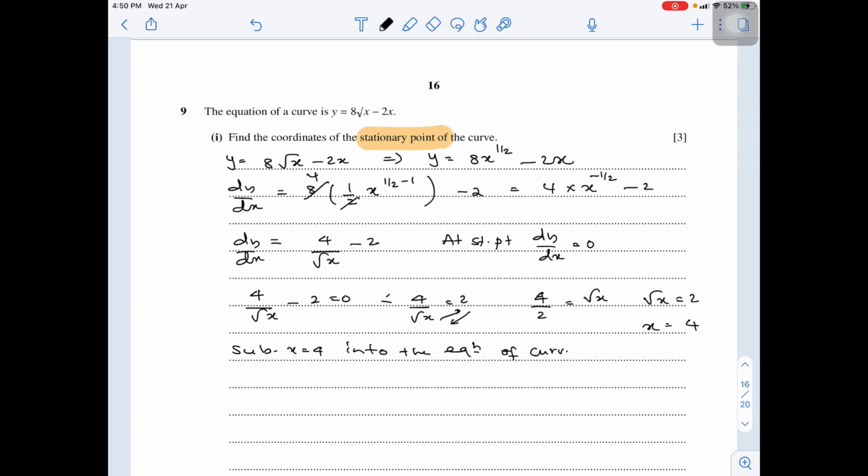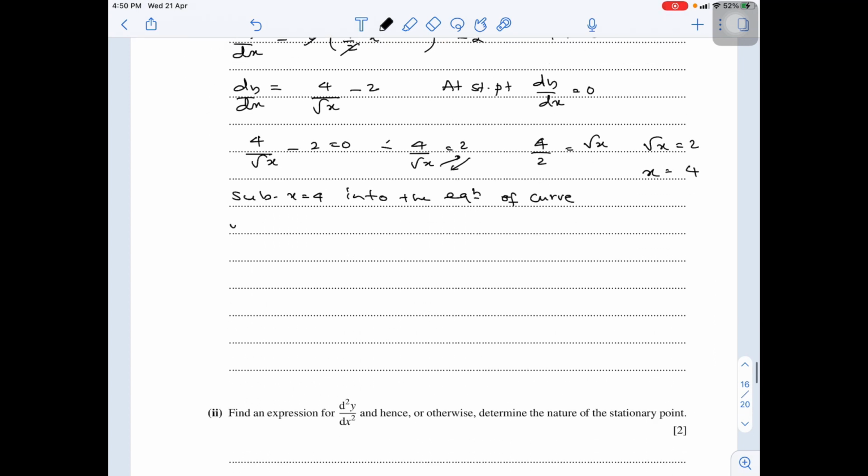Substitute x equals 4 into the equation of the curve. So y equals 8 root 4 minus 2 times 4, which gives me y equals 8. I can use a calculator.